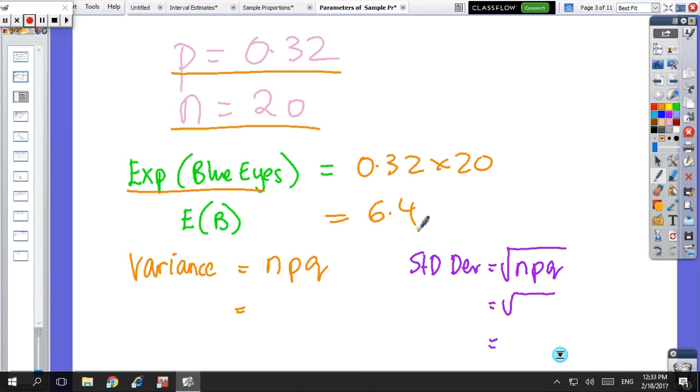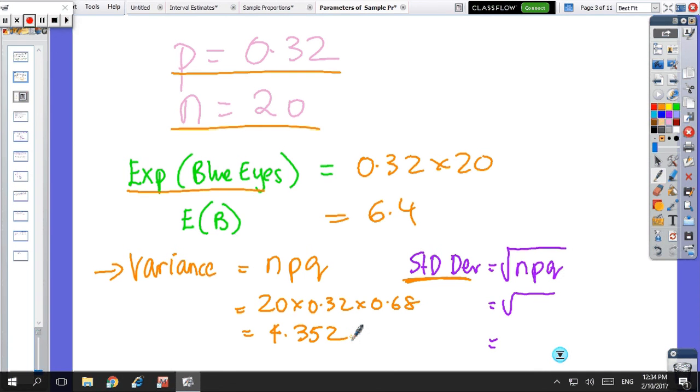Now from early work on binomials, the variance, which is a measure of the spread, and the standard deviation, which are connected, the formula is npq. So when we put that into our calculator, we've got 20 times 0.32 times 0.68, and according to my calculator, that's 4.352.